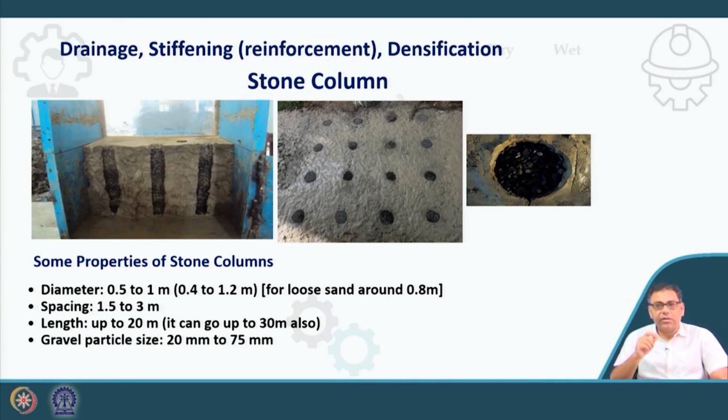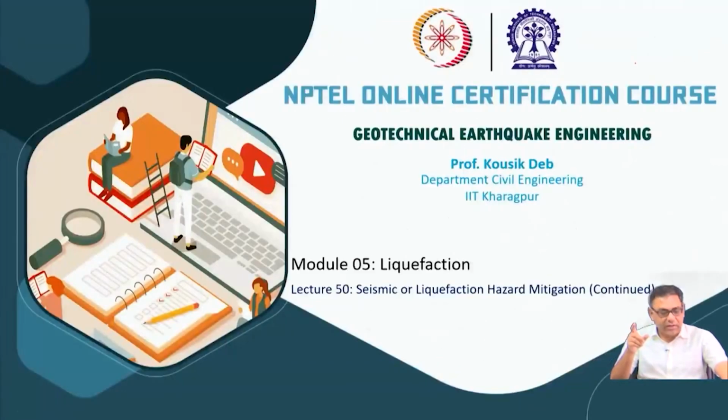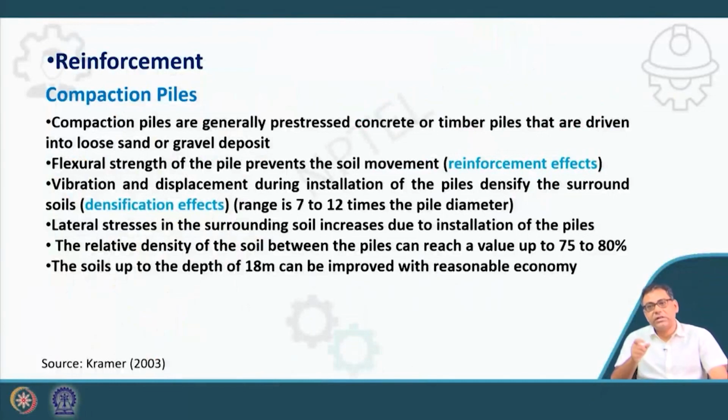So, in the stone column, the major function is drainage, as I mentioned. Suppose when I talked about reinforcement, I used the compaction pile. The major function of that is reinforcement, but in addition to that, it will serve the densification purpose also.